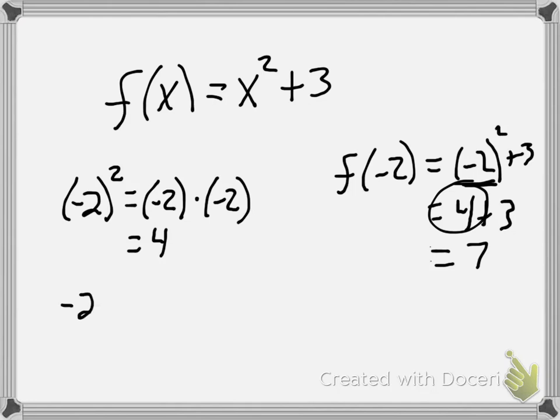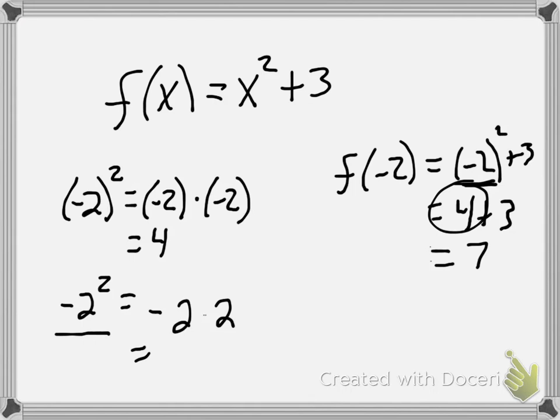If you don't put the negative in parentheses, and this actually works in your calculator too, you're still going to get the answer incorrect. So if I write it as negative 2 squared without the parentheses, basically what your calculator is doing is taking the negative and putting it out front, and then it's only squaring the 2, which means it's doing 2 times 2.